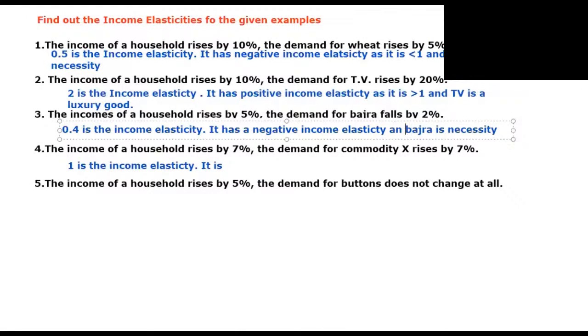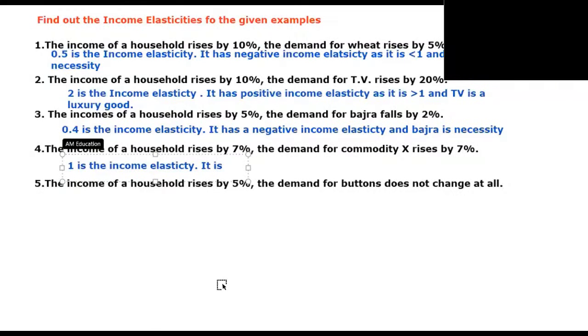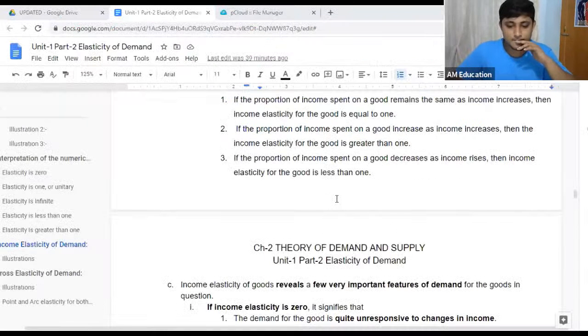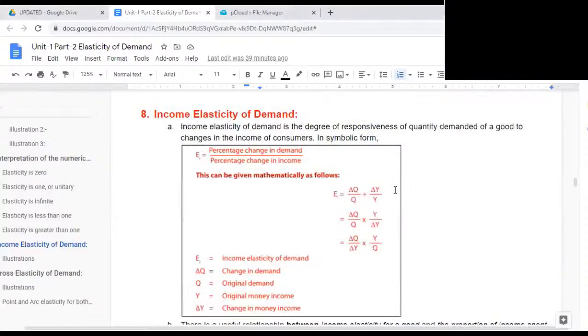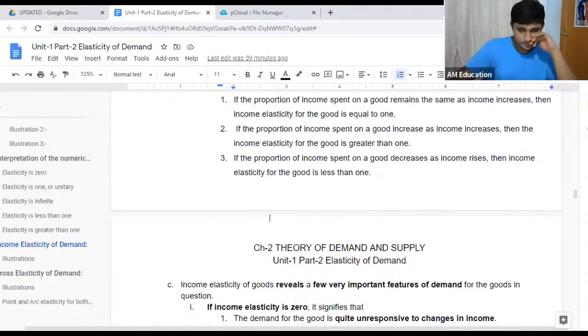Let us see. Can you see the notes now, or are you still on the whiteboard? It's still the whiteboard, sir. I'm sorry. Can you see this now? Yes, sir.